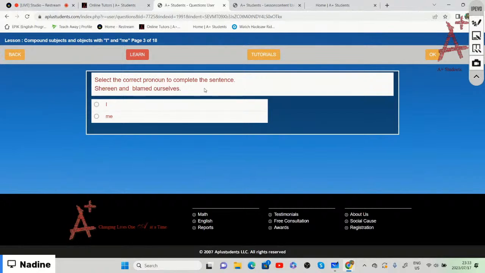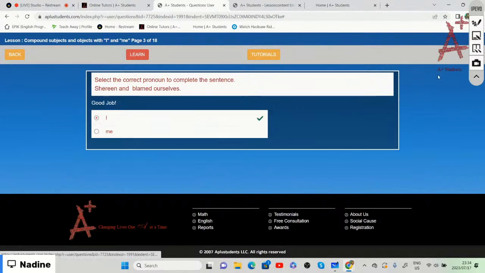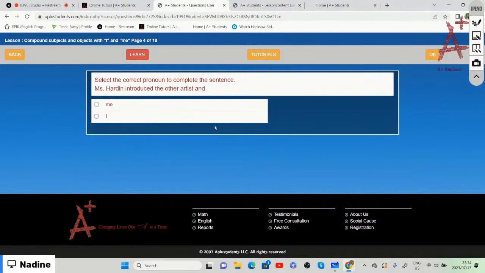Keeping in mind, is it a subject pronoun or an object pronoun? I or me? All right, so we're going to choose I, right? And I is a subject pronoun that actually comes at the beginning of a sentence.